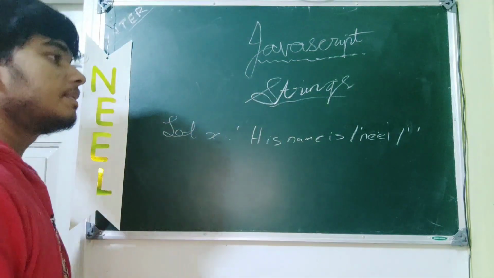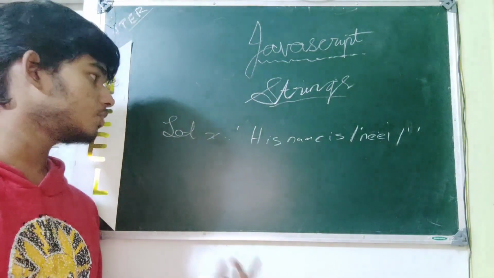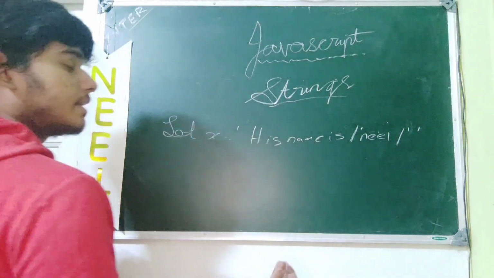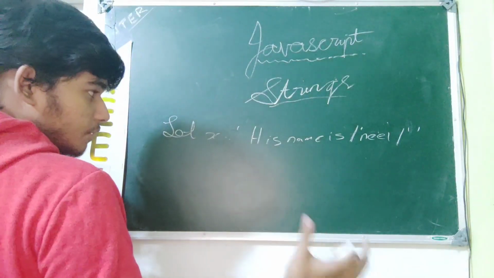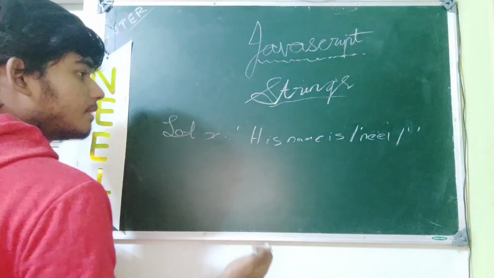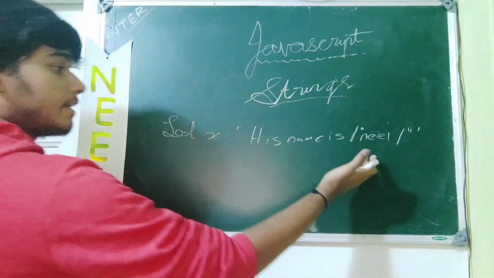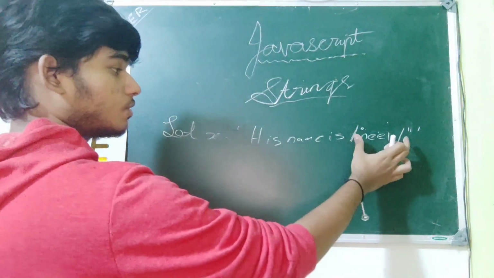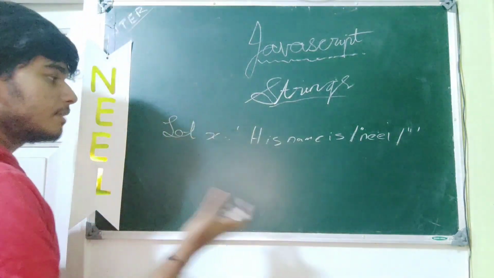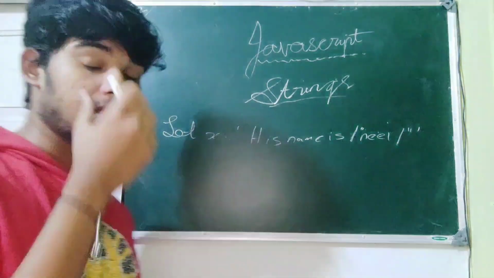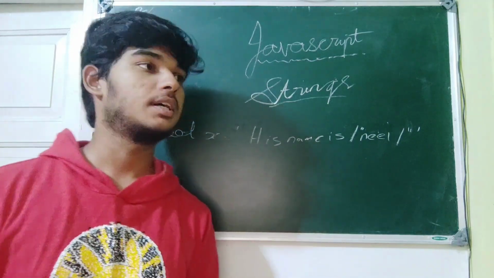By putting this, it will make the code understand that Neel needs to be written in single quotes and it has no connection whatsoever to the entire code. Similarly, if you write double quotes right here, it will be written in double quotes, so his name is double quotes Neel. You can use this while writing code so that the code does not get confused.